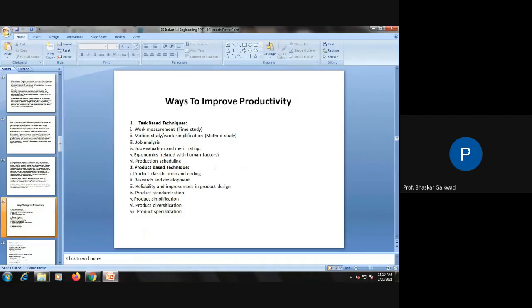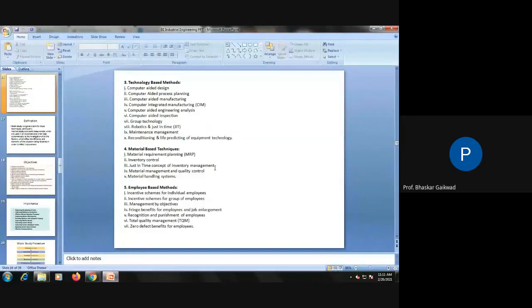Then the ways to improve productivity. Task-based techniques mean our whole syllabus of industrial engineering. Product-based techniques mean product specification, product design, product codification, research and development in product, reliability of product, standardization, simplification, quality of the product, everything about the product. Then technology: everything should be in mechanized condition, automation, just in time, and productivity will increase.